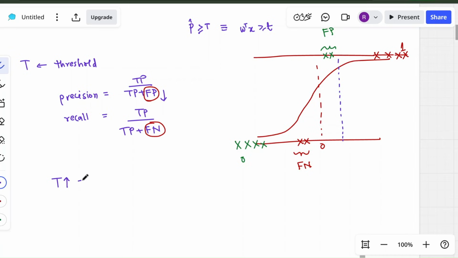When T increases, that means false positive reduces, while true positive remains the same. True positives are still true positive, and therefore the precision will increase, because when false positive decreases, the overall precision will increase. The denominator is decreasing, the numerator is still constant, right? What will happen to the recall?